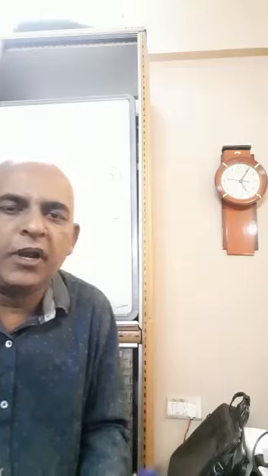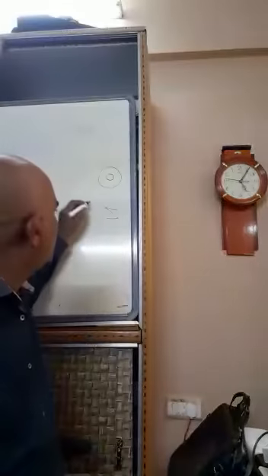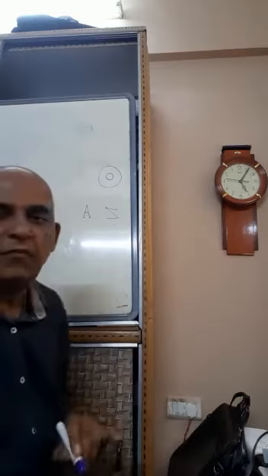Next, the total number of protons and neutrons inside the nucleus is called the mass number. It is represented by the letter A. Mass number: protons and neutrons. Both protons and neutrons are called nucleons.